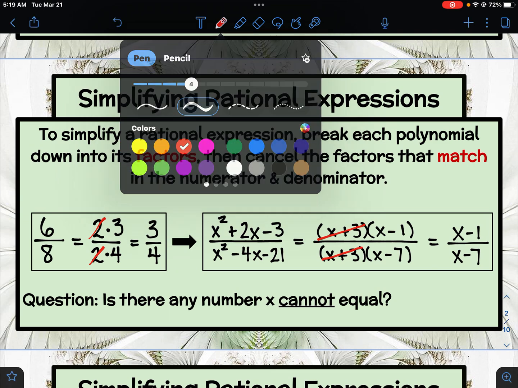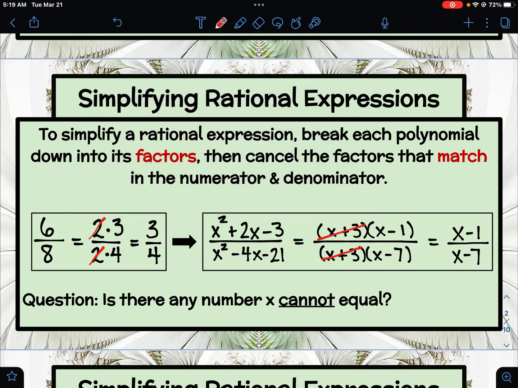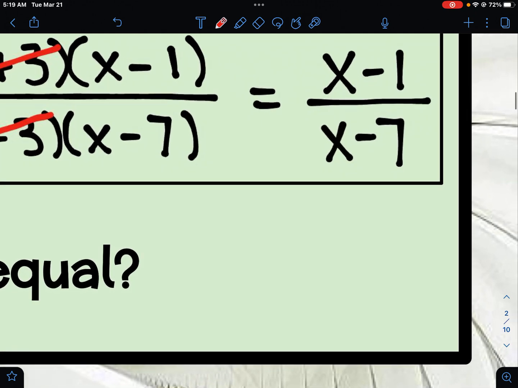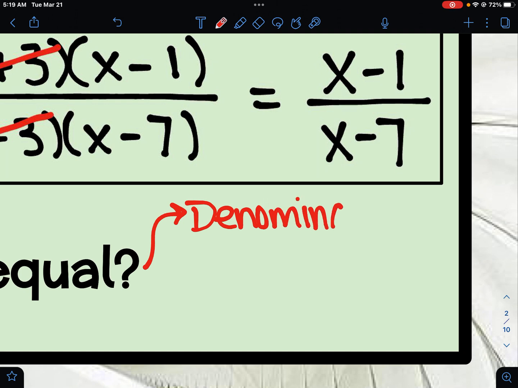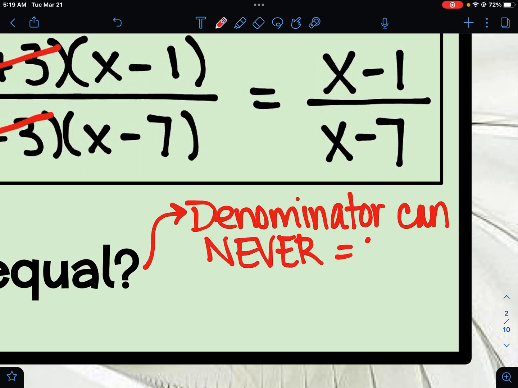Now, I don't want to fully talk about this today because it can get confusing, but we need to be looking at these expressions and deciding if there's any number that x should not equal. Okay, so add this to your notes somewhere. Remember, the denominator of a fraction can never equal 0.